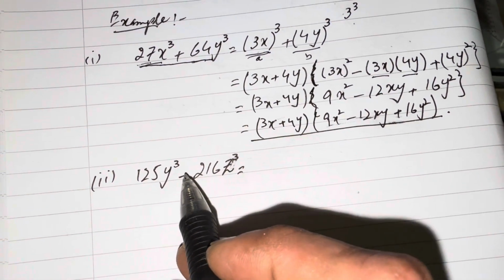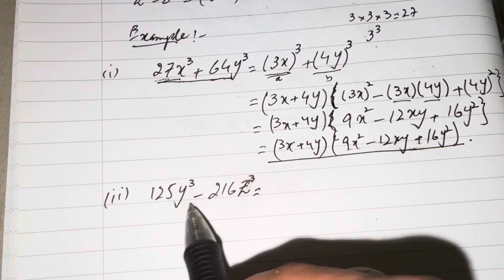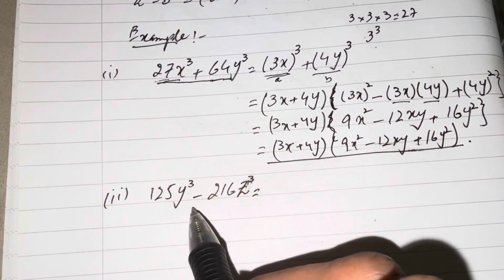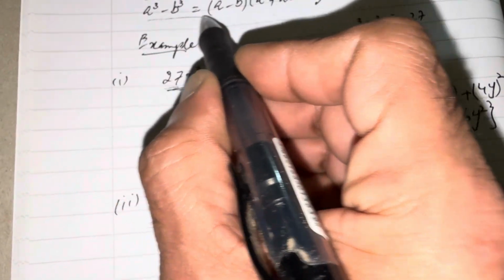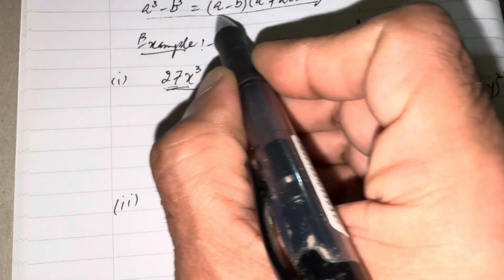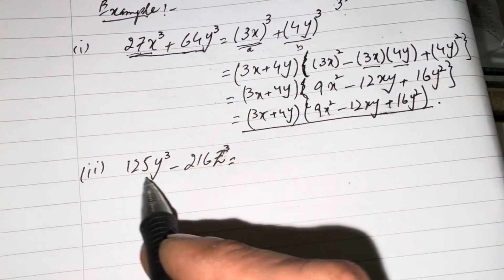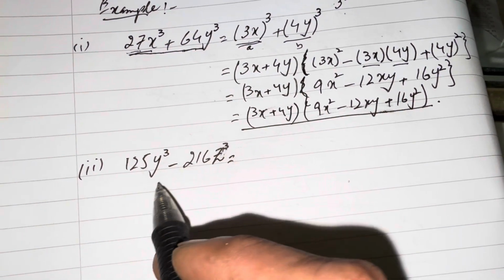But remember that there is a minus sign, a negative sign, in between these two terms. So with the minus sign, this formula is what we are going to use to factorize this algebraic expression.